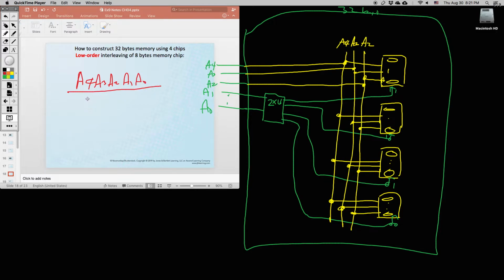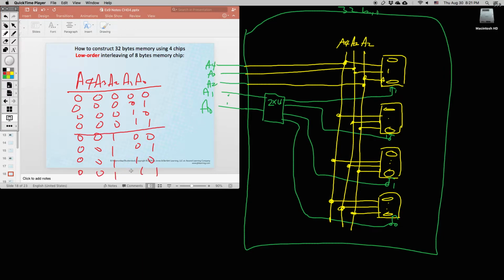If we give all zeros, and then 0, 0, 0, 0, 1, then 0, 0, 0, 1, 0, and 0, 0, 0, 1, 1, and then it repeats the pattern: 0, 0, 1, 0, 0, then 0, 0, 1, 0, 1, 0, 0, 1, 1, 0, 0, 0, 1, 1, 1.